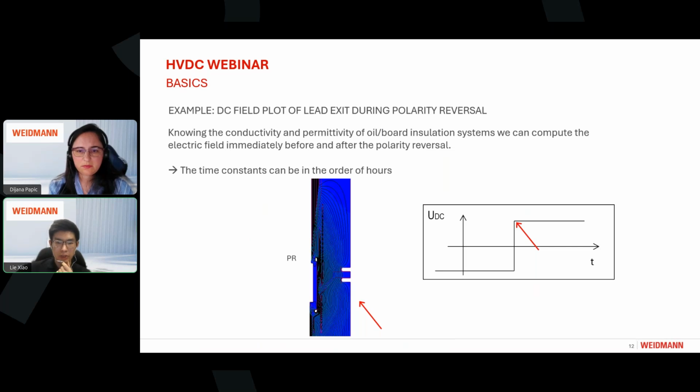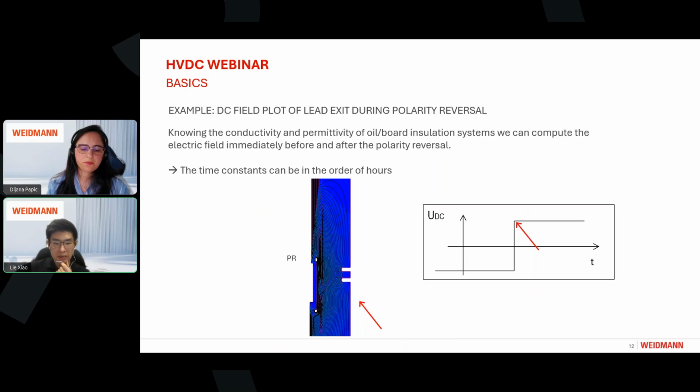So for the instant the polarity flips, the voltage reverses, but the material doesn't react instantly. So the field distribution is still suddenly governed by the permittivity, so that the stress will rush into the oil ducts because oil has a lower permittivity, and so it ends up with a ratio of 2 against the pressboard.